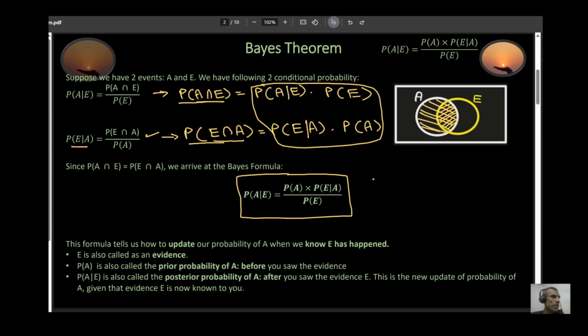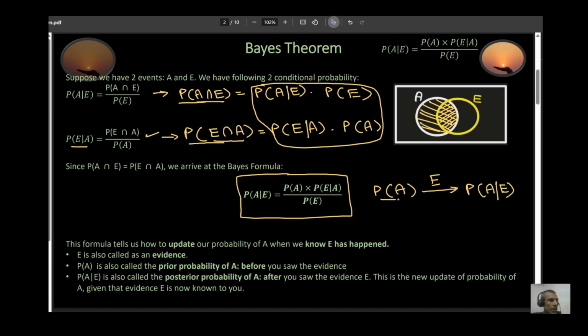Now this formula tells you how you can update your probability of A after you have seen the evidence E. After that, this becomes probability of A such that E has been observed.